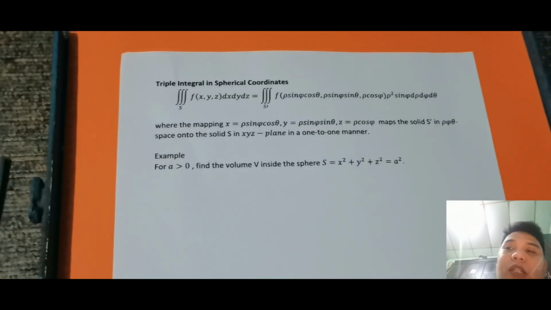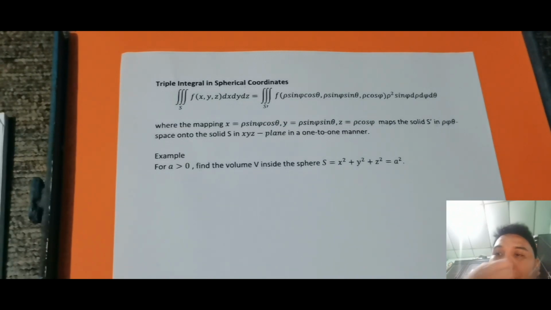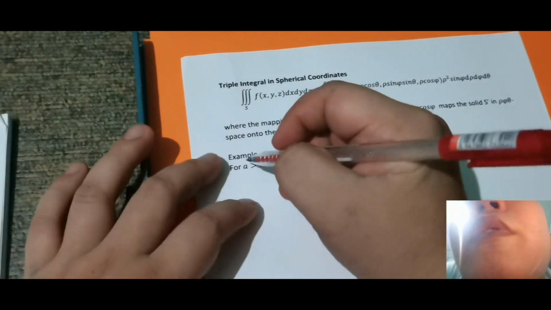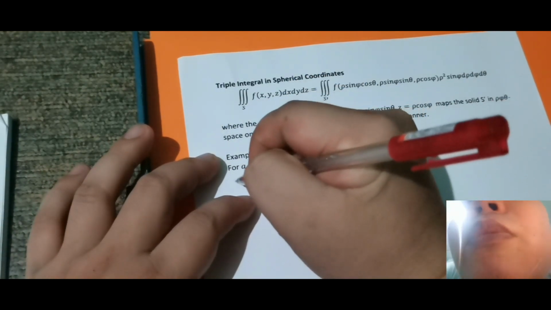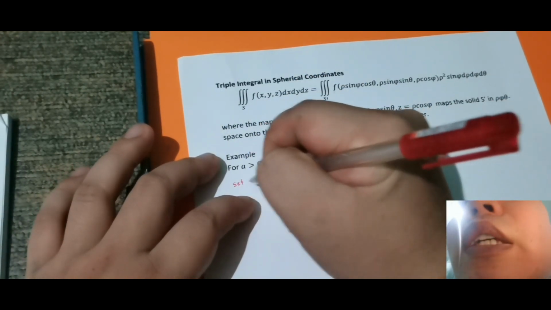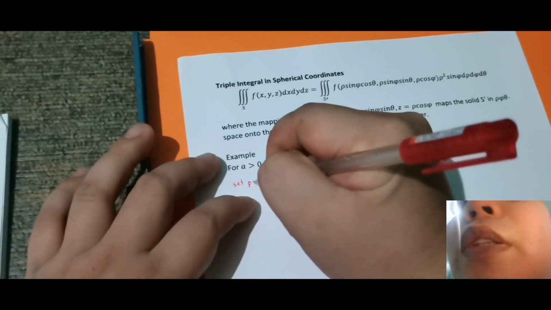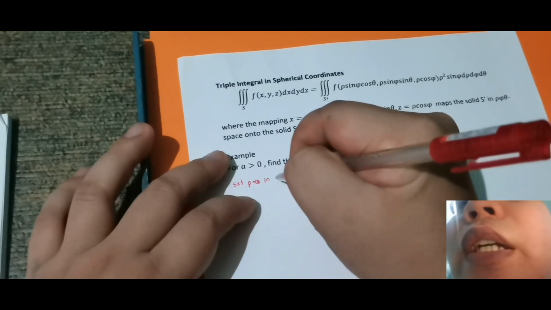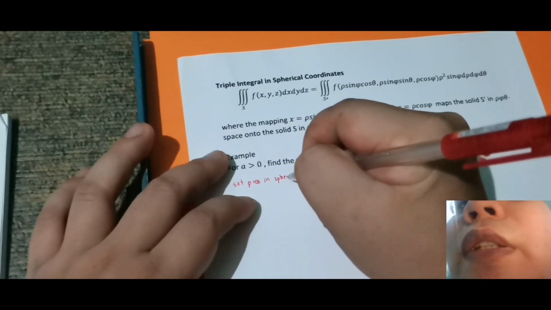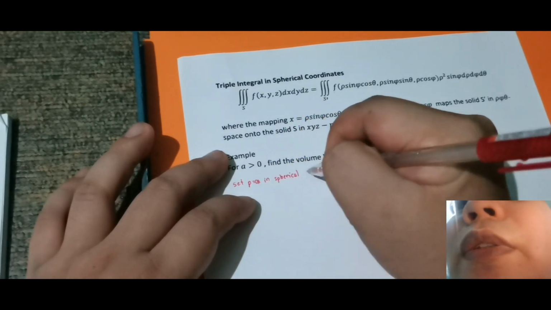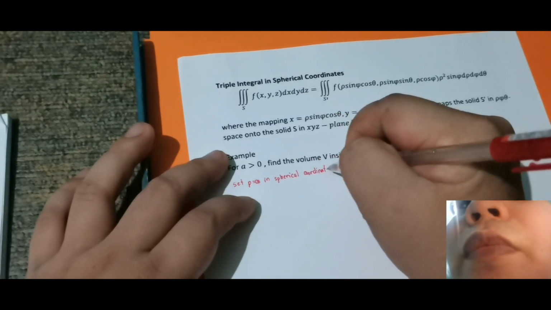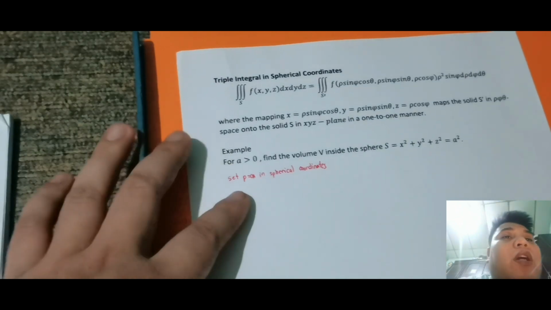Okay, so i-check natin ano ba ang gagamitin natin dito. So, set na natin na si rho is equal to a in spherical coordinates. Sir, bakit rho is equal to a?